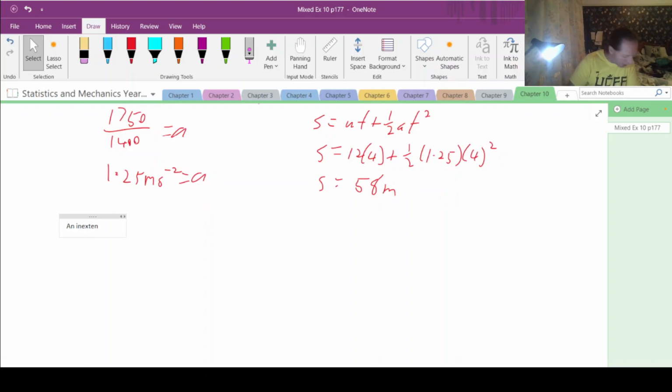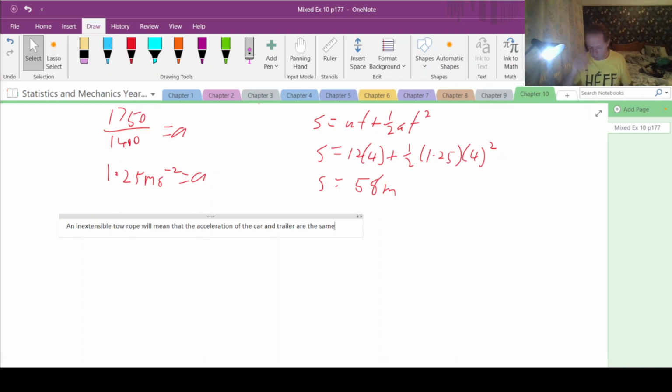Simple tow rope will mean that the acceleration of the car and the trailer are the same. Yeah, that's it. They're just the same.